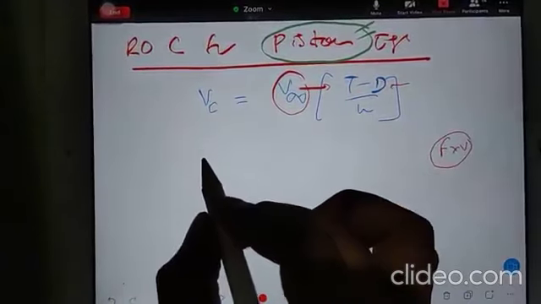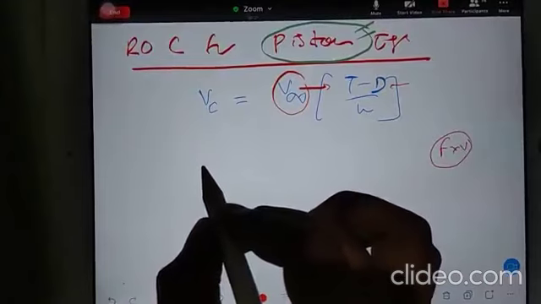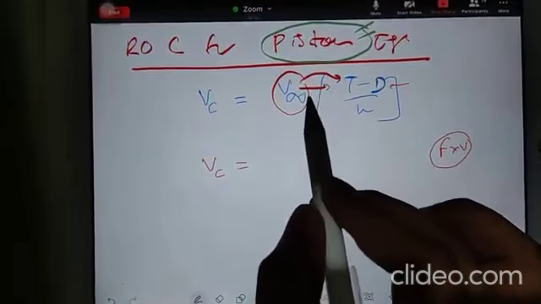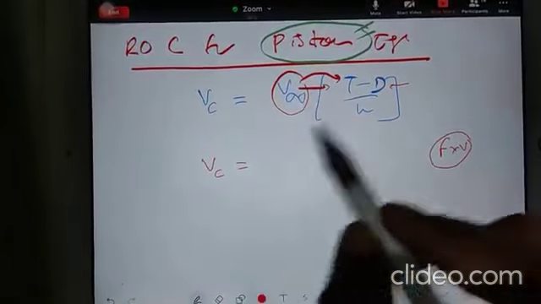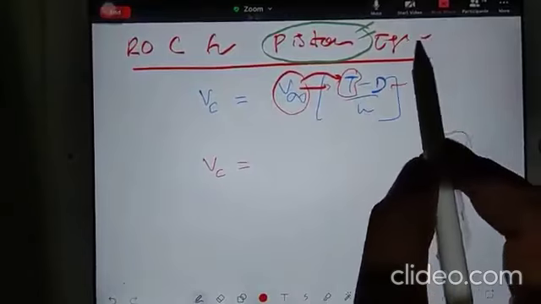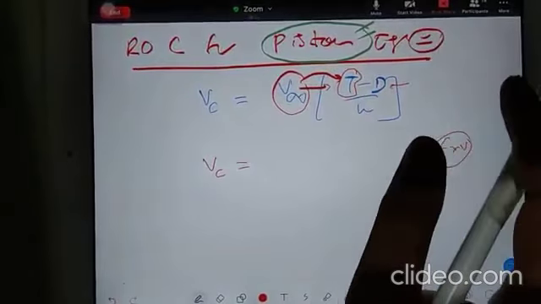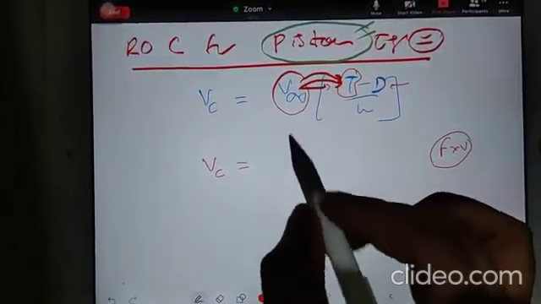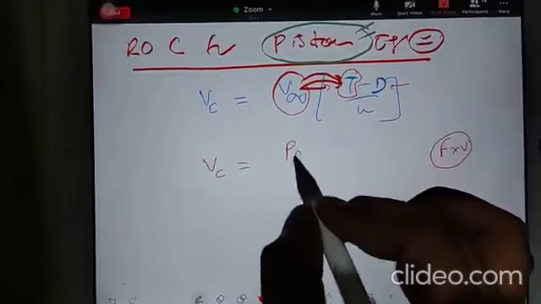So both will convert into power. When you multiply V infinity with T, this becomes power available.